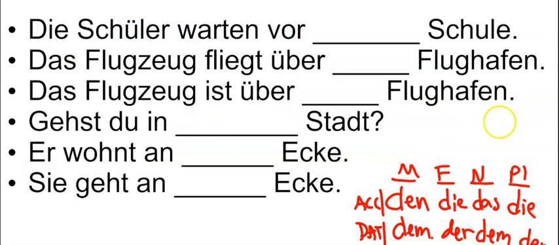So, pause the video and try these 6 sentences. All of these are going to use two-way prepositions. So all of the prepositions are two-way prepositions. An, auf, hinter, in, neben, über, unter, vor, zwischen. I want you to write the gender above each noun. So if you need to look it up, I recommend dict.leo.org.